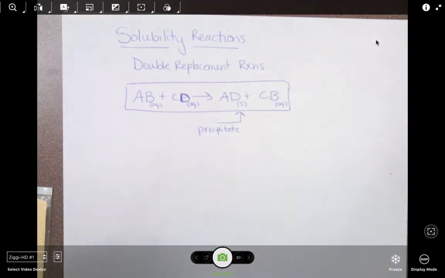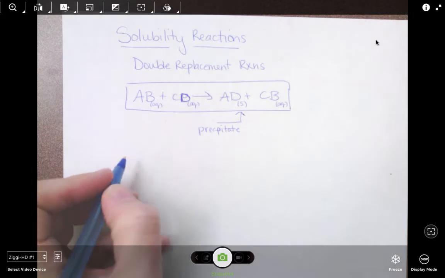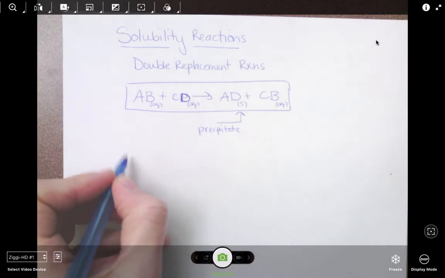So in a double replacement reaction, you have two ionically bonded aqueous solutions coming together.